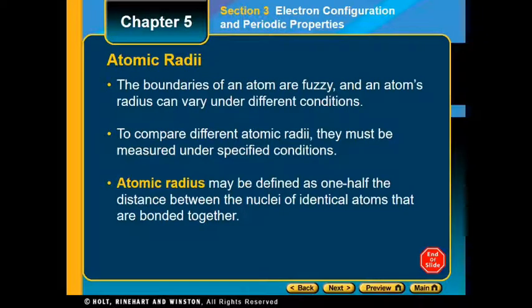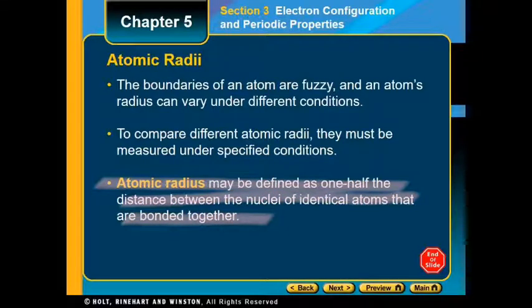So starting off right here, we've got atomic radius. Atomic radius is defined as 1/2 the distance between the nuclei of identical atoms that are bonded together. So again, you have to have 2 atoms bonded together, and then you take half the distance between their 2 nuclei. The reason why we do that is because, and it tells you up there above it, the edge of an atom is very fuzzy.